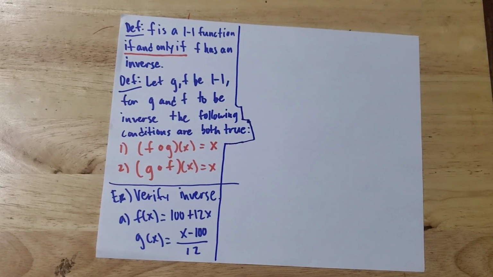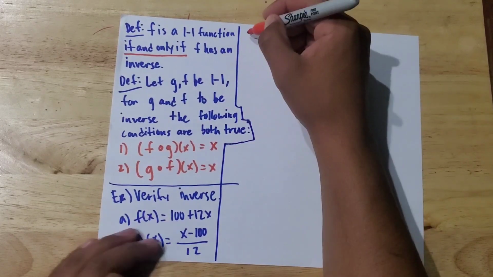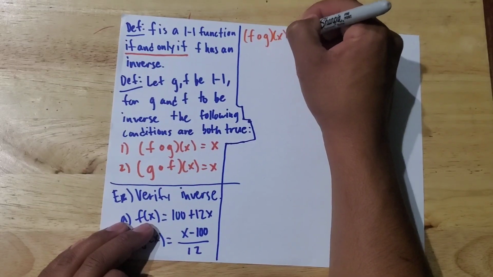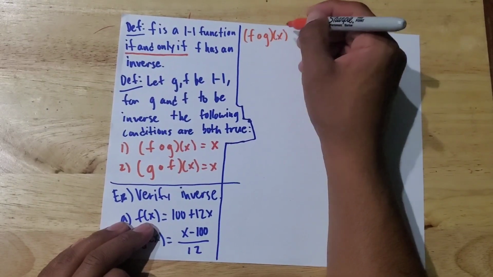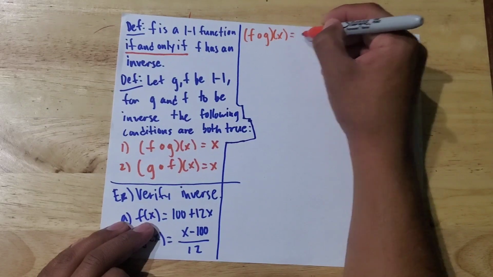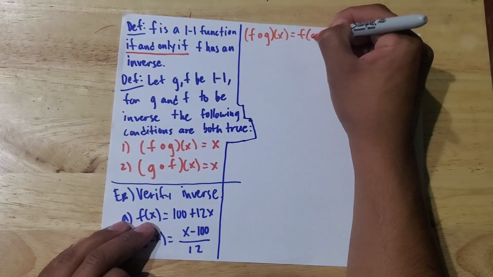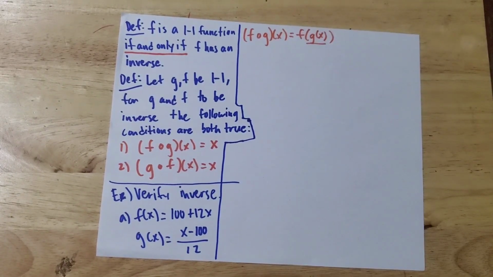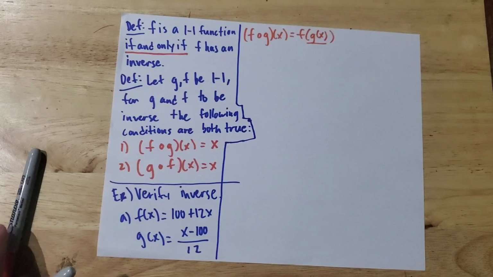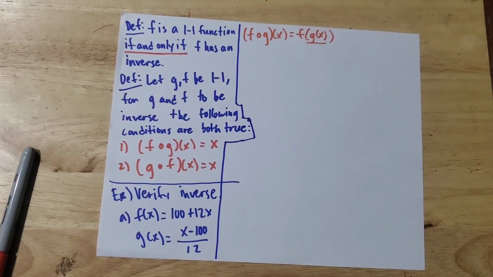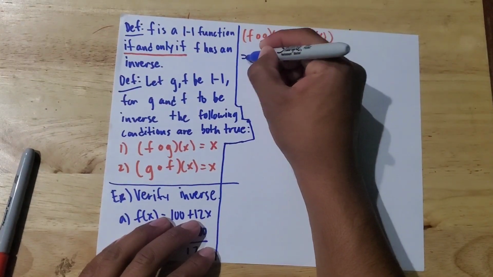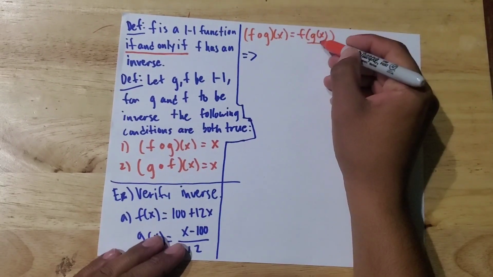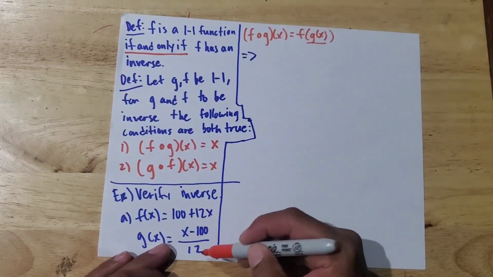So to verify the first one, we need to do f of g of x, which, if you remember, just means we're going to plug g of x into f of x. I know what g of x is equal to, and that's x minus 100 all over 12.